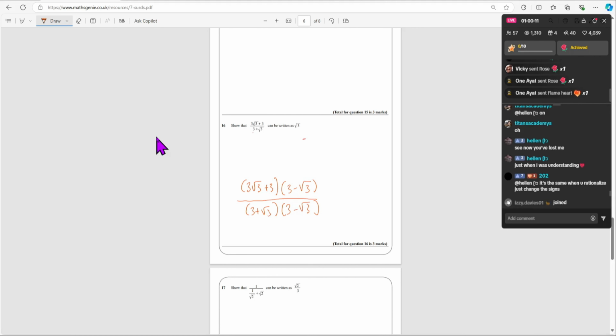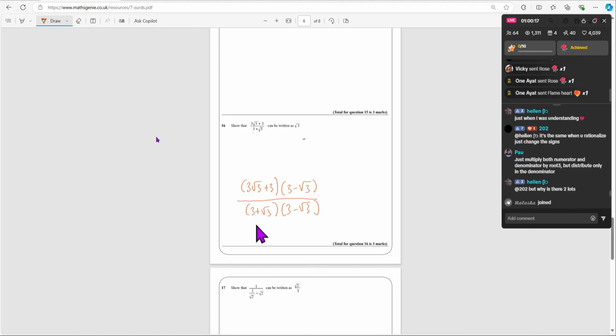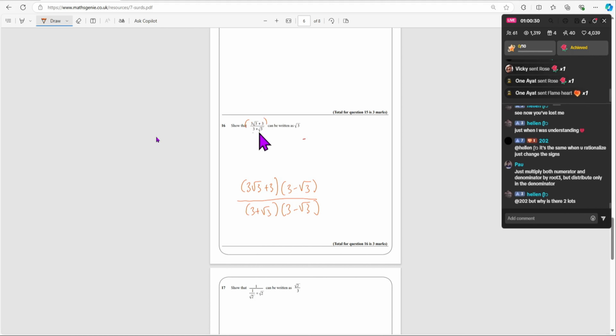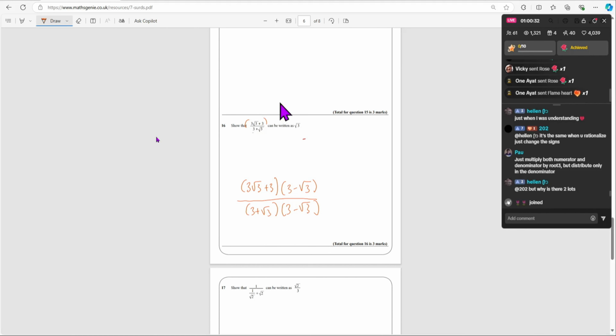We're going to multiply by the denominator but swap the signs, because you want to get rid of the number as well. Why is there two lots? It's because we just put them into brackets, so we have this multiplied by the denominator and the numerator.